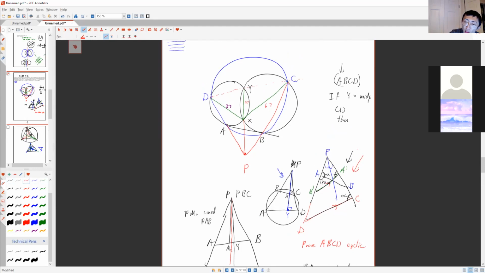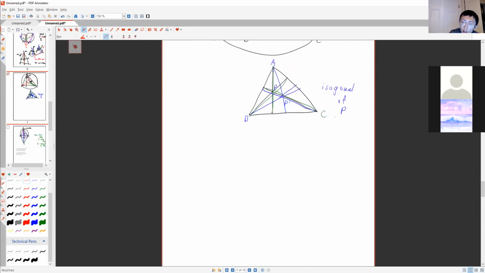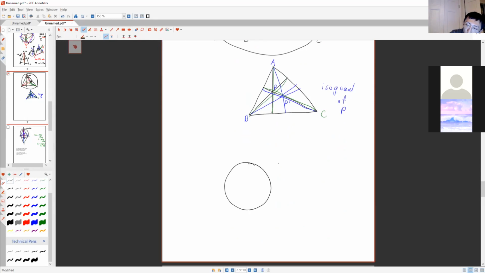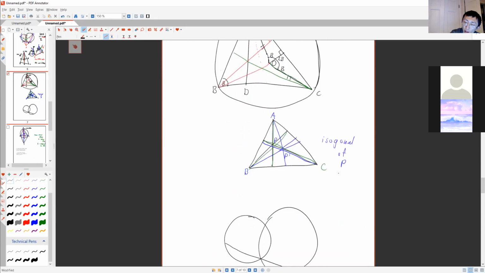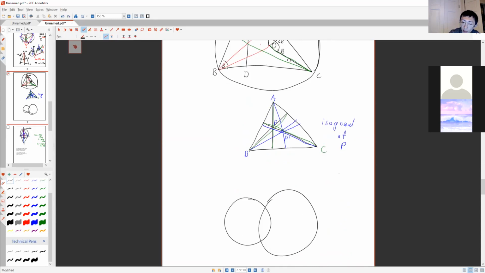So I think we can get something about this AIME problem that is true. I think there should be something interesting going on here, right? Because on the one hand, in the AIME problem, we have a tangent, and then these are 2 points of a cyclic quad.